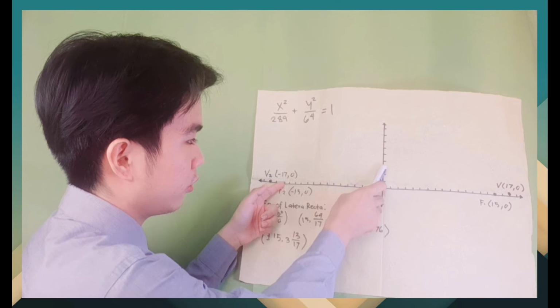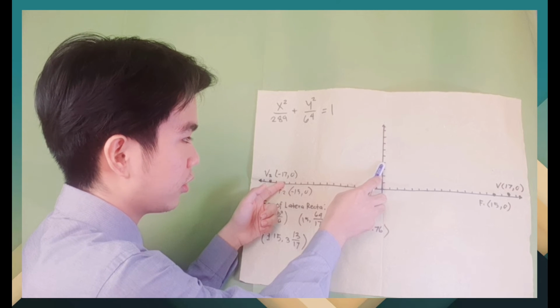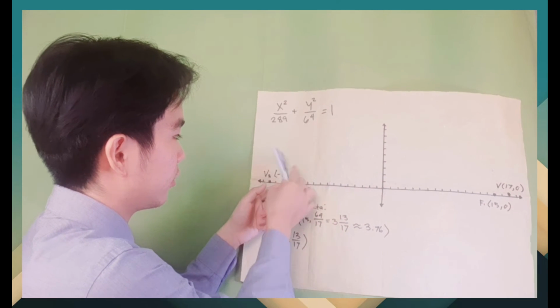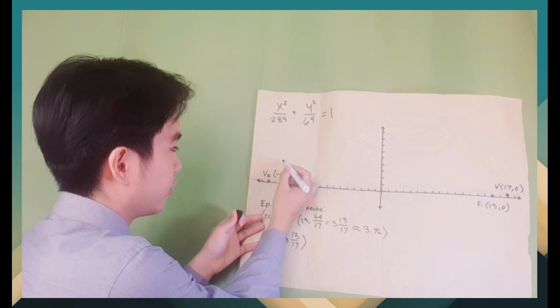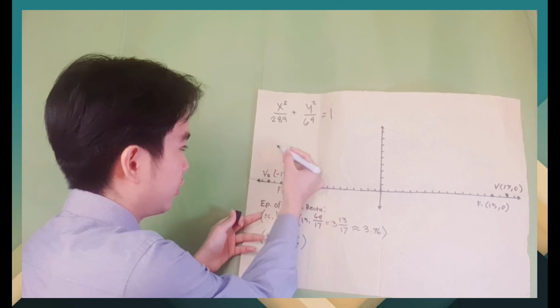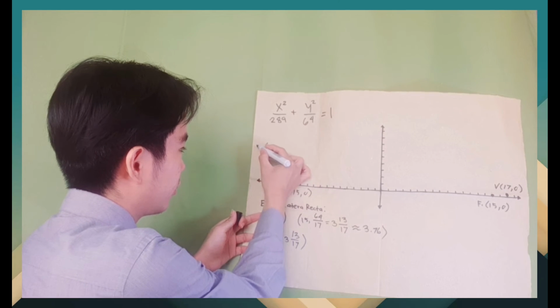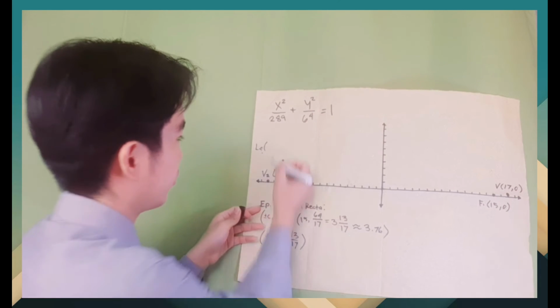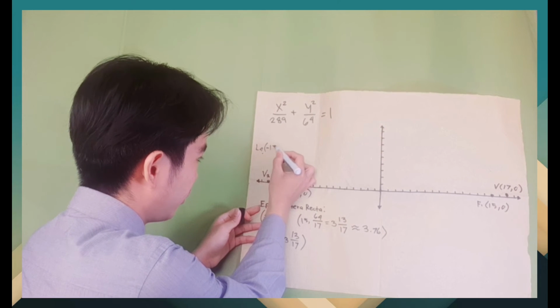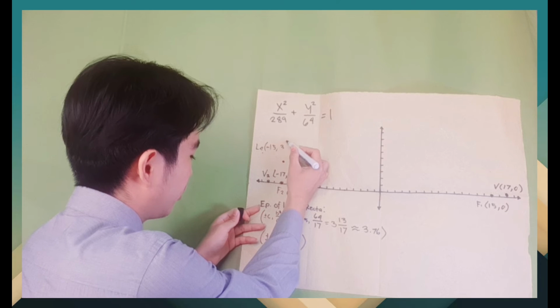So 1 to 3.76 is approximately right here. So right here, this is the LR4, which is negative 15 and the y.